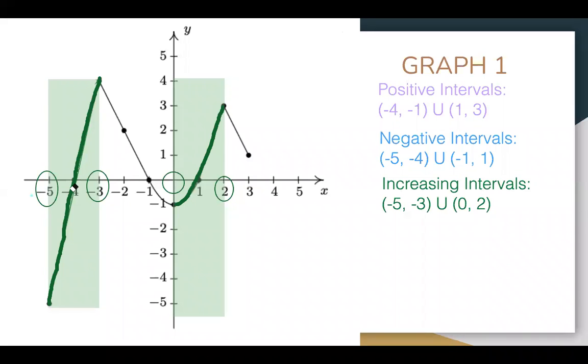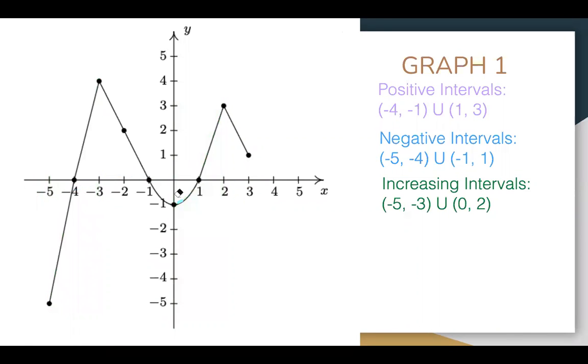Now our decreasing intervals, that's where the graph is going down. So the graph goes down all the way to here, and here. So I want to draw my strips to capture those two pieces.